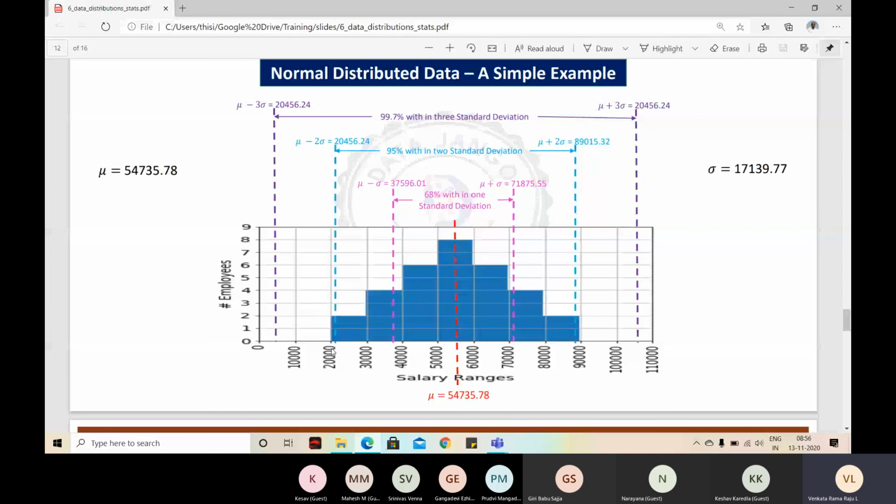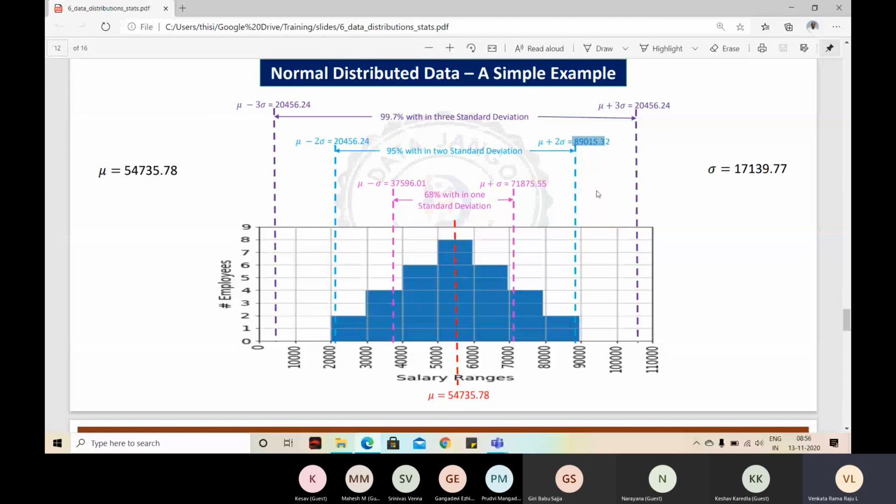By looking at the data, the bell curve, we are assessing how much of a hike should be given to people. Within one standard deviation, 68% of the data, 19 people. Within 2 standard deviations, 20,000 to 89,000, 95% of the data.